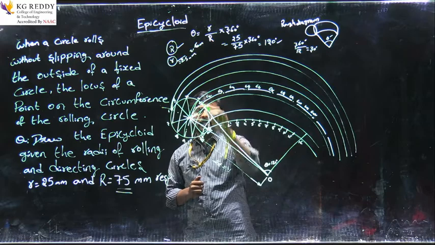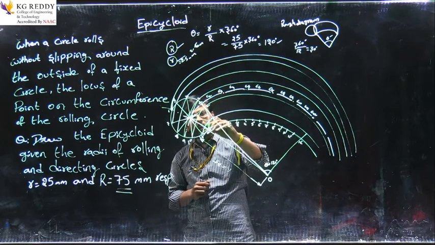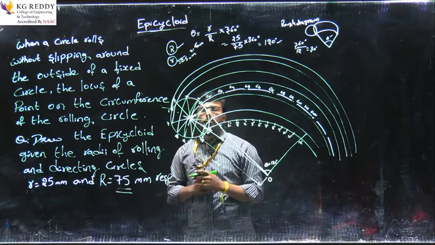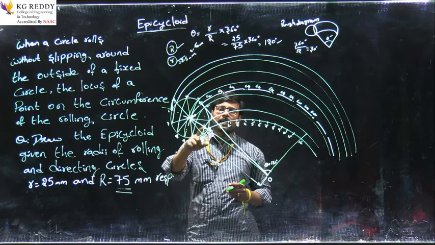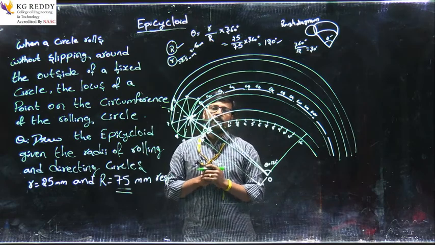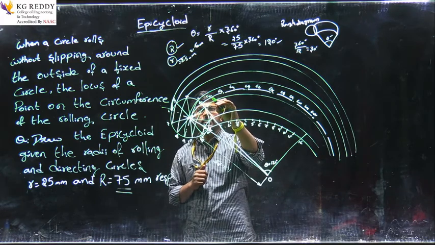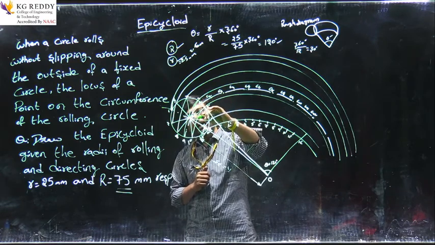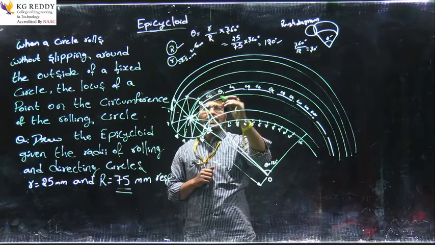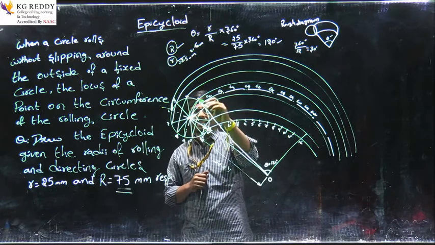With C1 as a center, draw an arc on the 11 and 1 dash curve. Here we got an intersection of the arc and the curve. Again we repeat with the same distance 2.5 centimeters, C2 as a center, draw an arc on the 10 and 2 curve. And in the same way C3 as a center, draw an arc on 9 and 3.